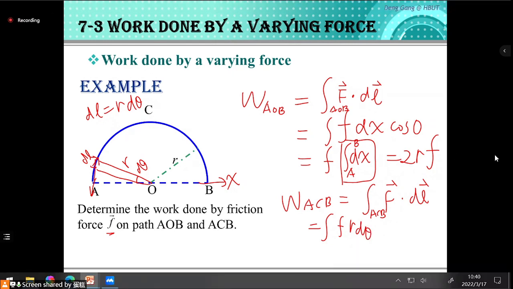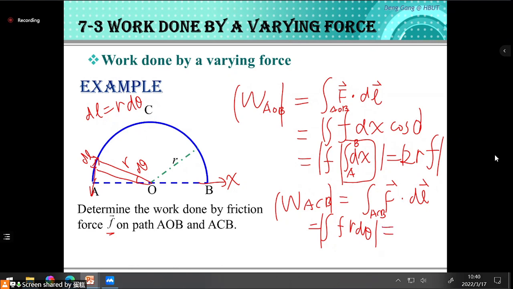And the angle between these two is not the same direction, it's the opposite direction. If we take the magnitude, this should be equal to this, because cosine 180 is minus 1, but the magnitude is 1.